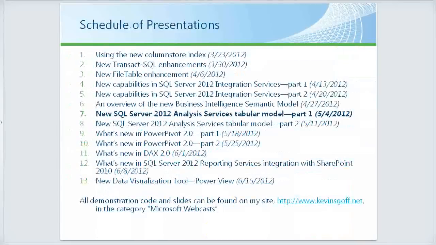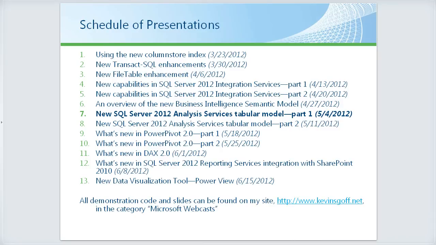Okay, moving forward, this is week 7 in our 13-week series. We spent the first almost month and a half looking at the enhancements on the relational database engine, by looking at the new column store index, the new T-SQL capabilities, and the new features in Integration Services. Last week we looked at an overview of the business intelligence semantic model, which is the new model that sits on top of Analysis Services.